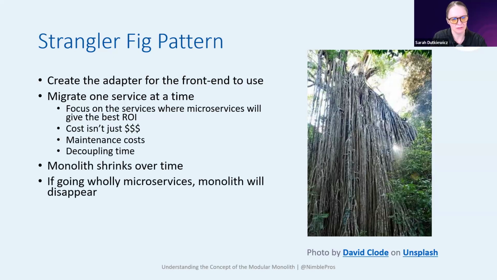And if you're going straight microservices, your monolith is going to disappear. I say if you're going wholly microservices, you may just be going from a legacy monolith to a modular monolith. And so that's still one module at a time. The legacy monolith will get cleaned up, which will be nice.